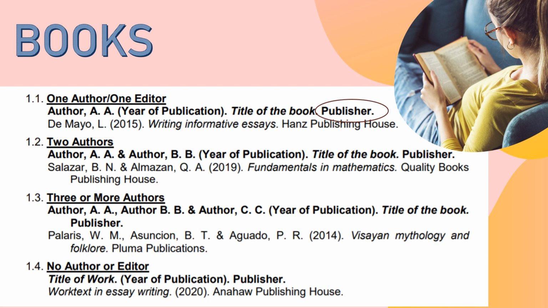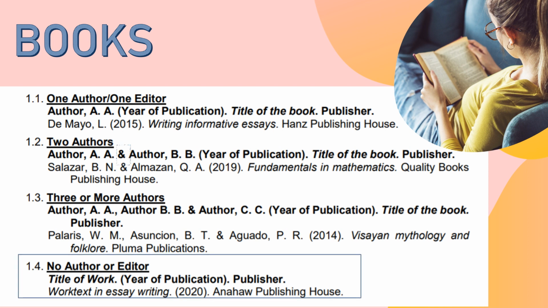For two authors, you just have to add a second author, but write the ampersand symbol. And then, of course, for no authors or editors, you have to write the title of work, period, and then the year of publication, enclosed in parentheses, period, and then the publisher, as in this example.